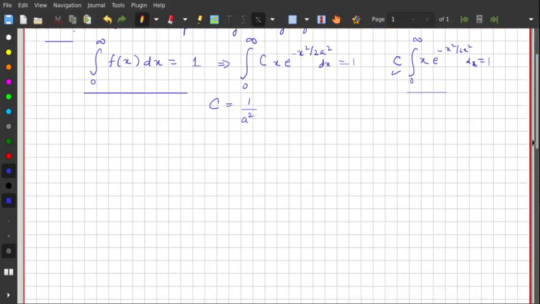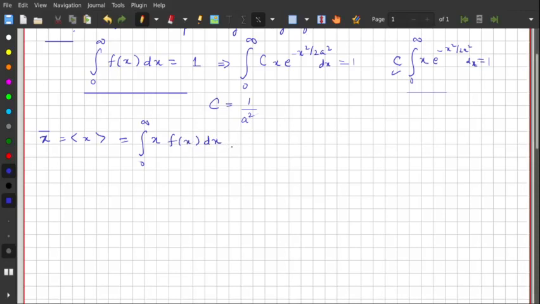Next, given the same probability distribution, compute the mean. That means they're asking us to compute x bar, the expectation value of x. This is again quite straightforward, since now that we know c, we know the probability distribution. This is nothing but the integral from 0 to infinity of x f of x dx.